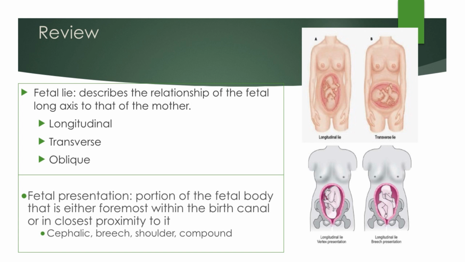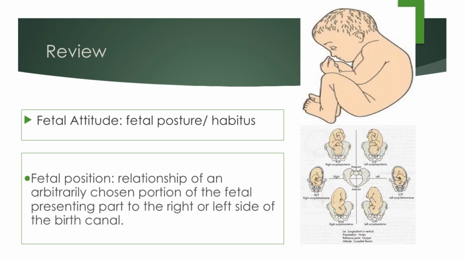Okay, so fetal presentation is the portion of the fetal body that is either foremost within the birth canal or in closest proximity to it. So we can have a cephalic presentation, a breech presentation, a shoulder presentation, or a compound presentation. Fetal attitude, such as seen in the upper picture, is the fetal posture or the habitus.